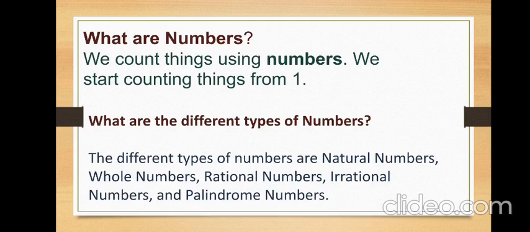Yes, we have seen even numbers, odd numbers, prime numbers. There are still many more different types of numbers like natural numbers, whole numbers, rational numbers, irrational numbers and palindrome numbers. Let's discuss one by one.